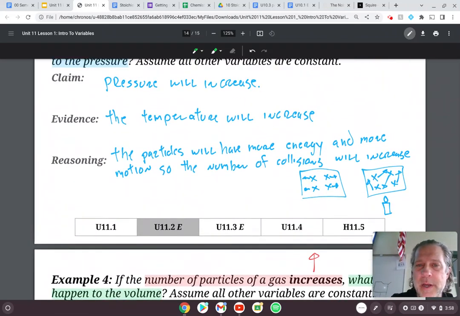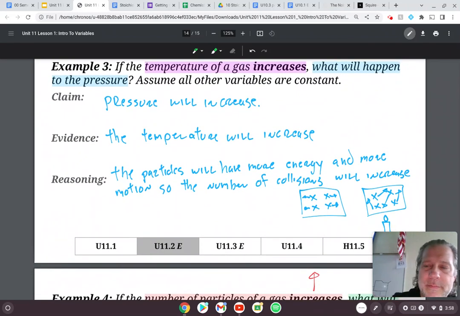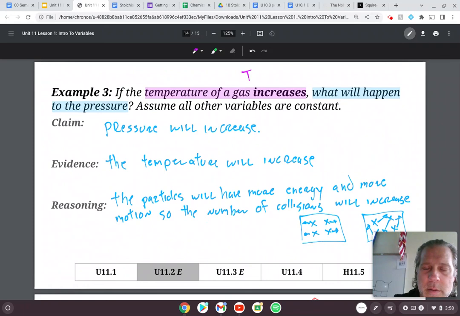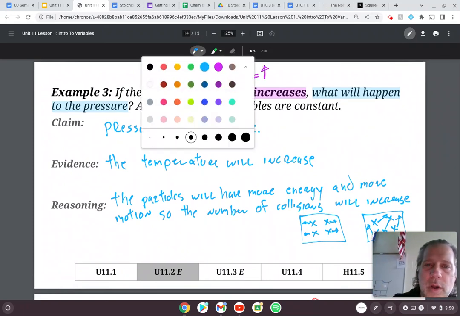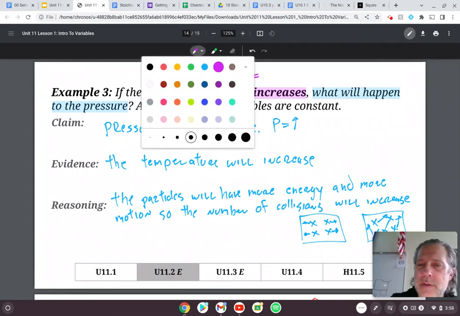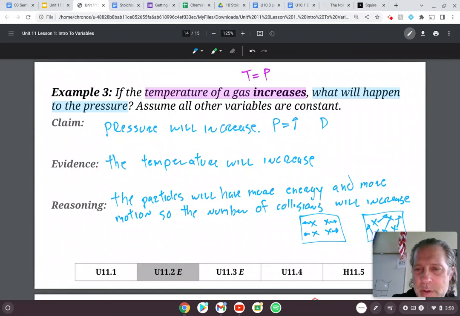Moving back up here we have the temperature increased, and we're also stating that the pressure increased. So this is also going to be a direct relationship.